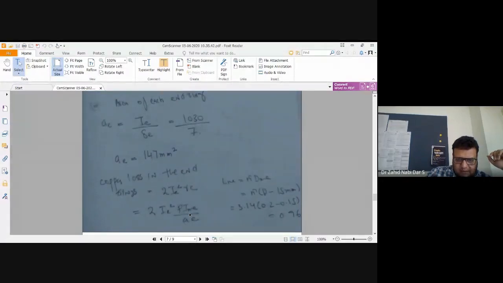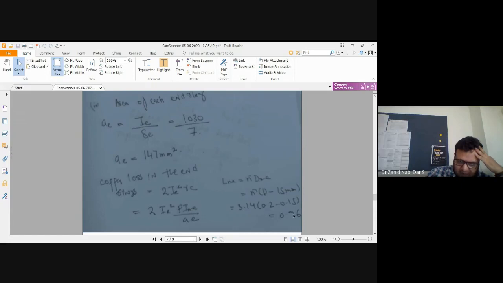So ρ will remain, but this length we can replace by π times the diameter minus 15 mm. Why am I subtracting 0.15? Because of the skin phenomenon. There in the length I add 0.45, here I subtract 0.15. So I get 3.14 into the mean diameter minus 0.15, and this I get as the length.